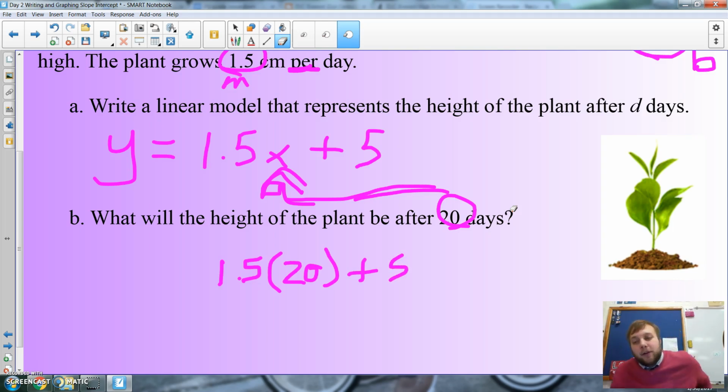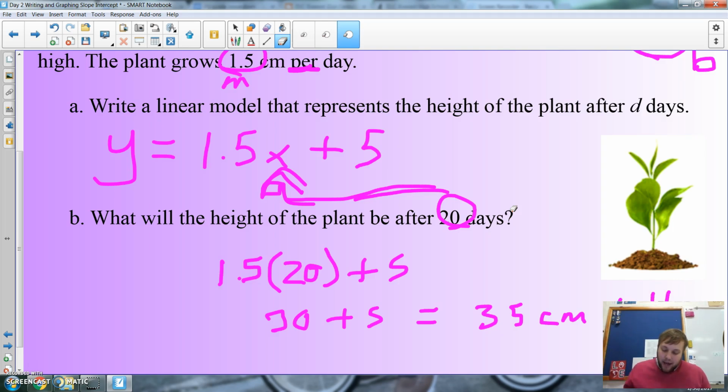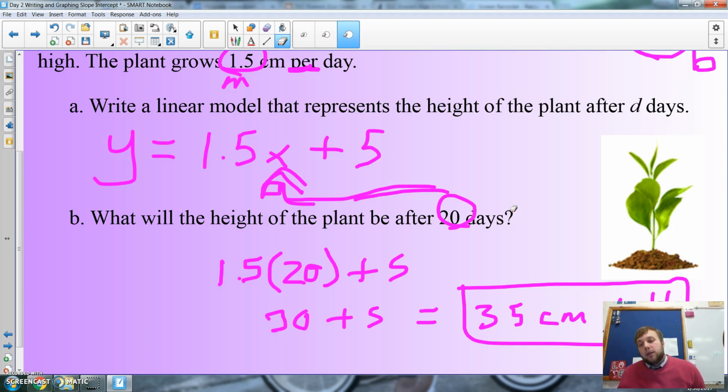All right, so figure this out. 1.5 times 20 is 30, plus 5, 35. So after 20 days, this plant will be 35 centimeters tall and will take over the world.